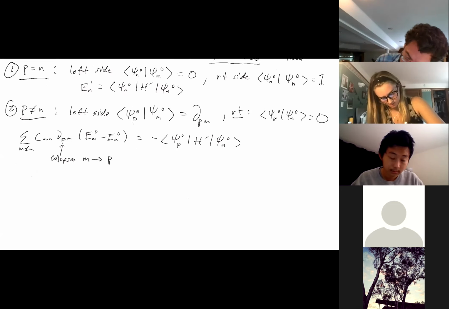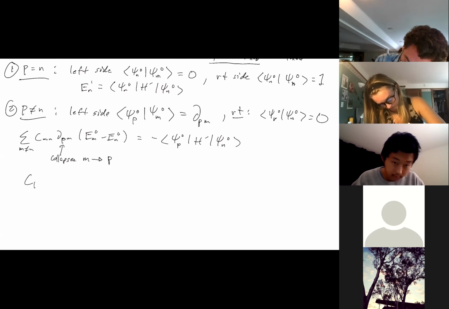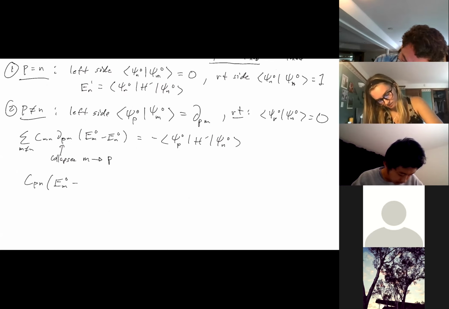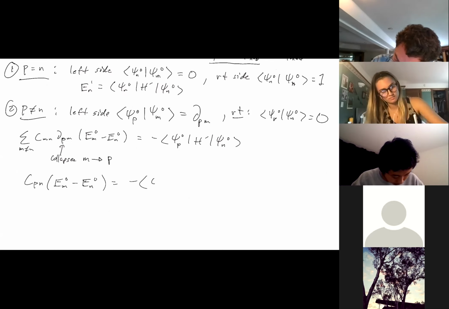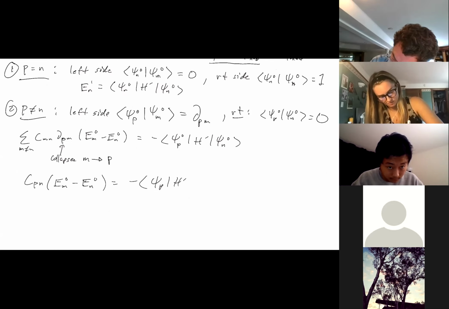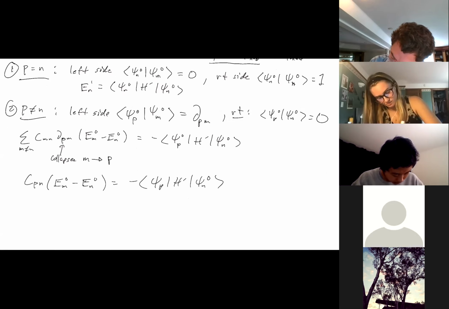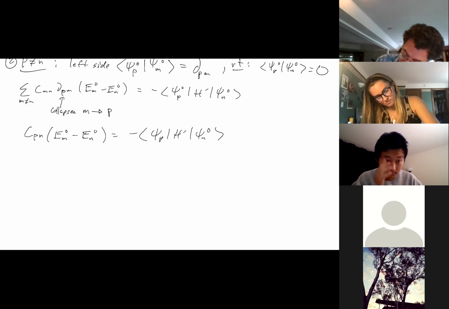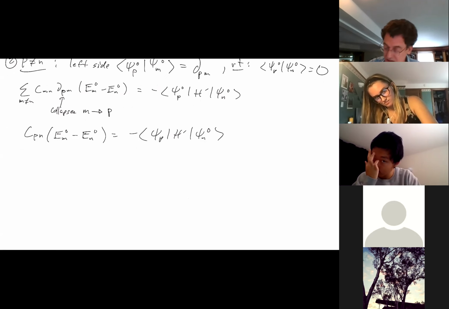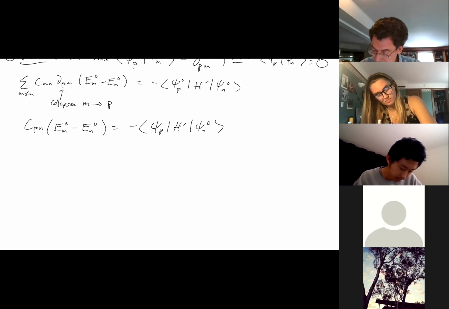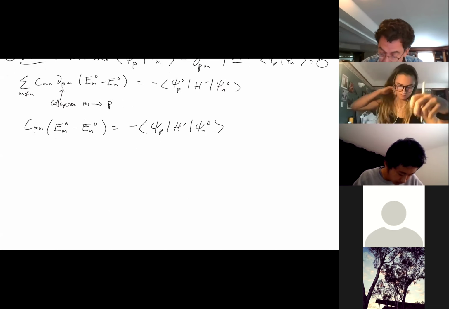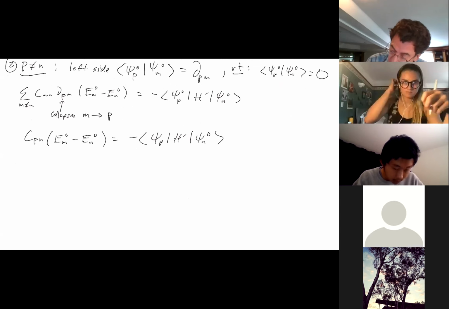So then the left-hand side becomes c p n times e p naught minus e n naught is equal to negative psi p h prime psi n naught. And this is very cool because now we have it. The e m naught should be an e p naught as well. Oh yeah, thanks.